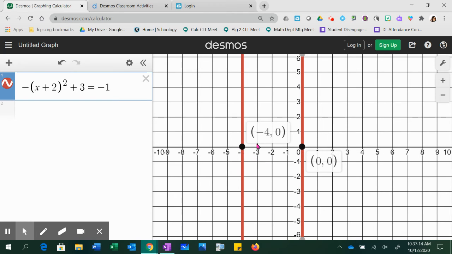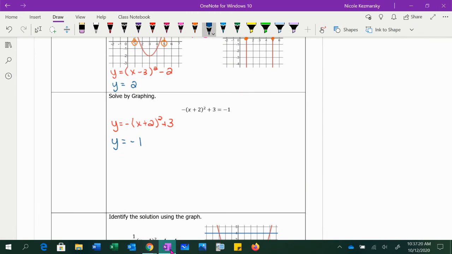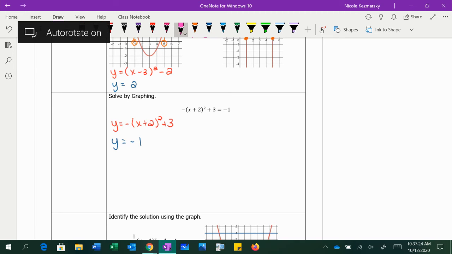And we get x equals negative 4 and x equals 0. So I can hop back over here and put down that I have a solution of x equals negative 4 and x equals 0.